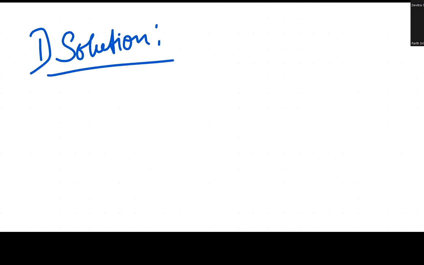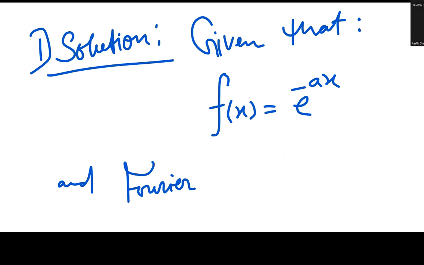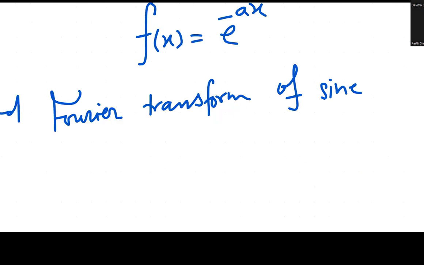Given that f(x) is equal to e to the power minus ax, and we need the Fourier transform of sine and cosine. Okay, first they are taking cosine, so let us take cosine first, as given in the question, and then sine.